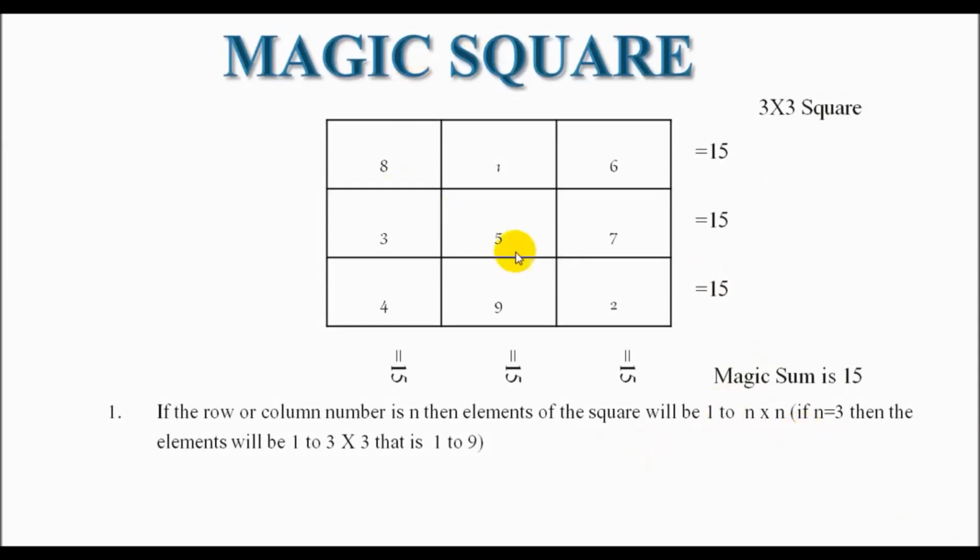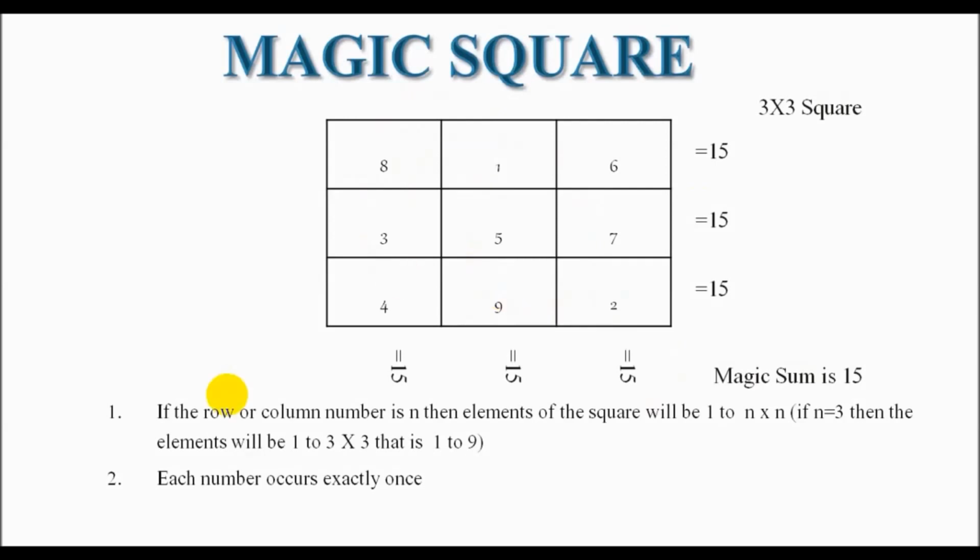So for this magic square, our n is equal to 3 as it's a 3x3 magic square. So our elements will be 1 to 3 squared, that is 9. So you can see here the numbers of the magic square will be 1 to 9, and each number occurs exactly once.